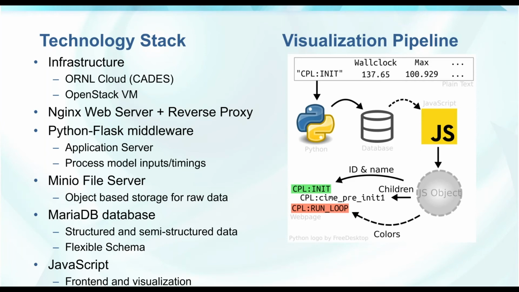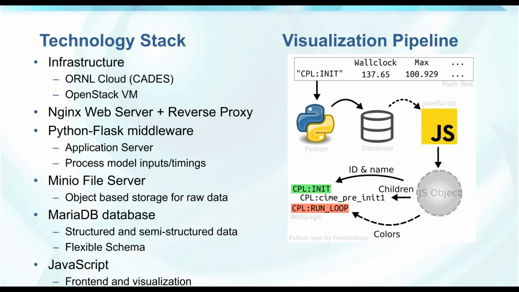But for E3SM experiments, we have a lot of structure in there, so I wanted to exploit that structure to make this a lot more performant. We figured out MariaDB, which is an open source fork of MySQL, actually gives us the right balance.